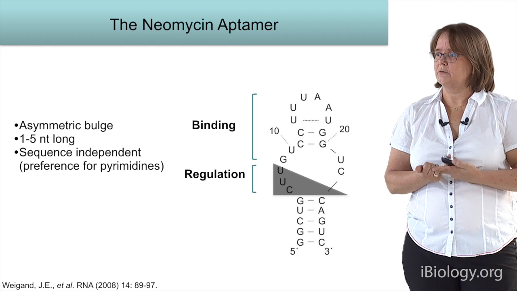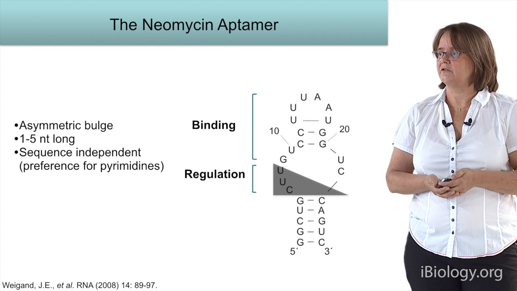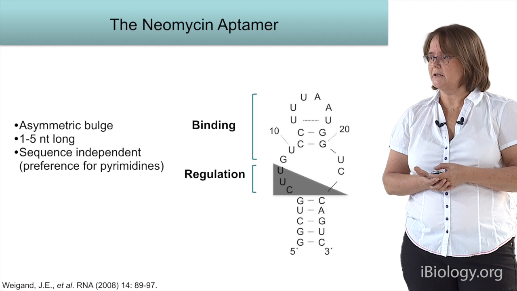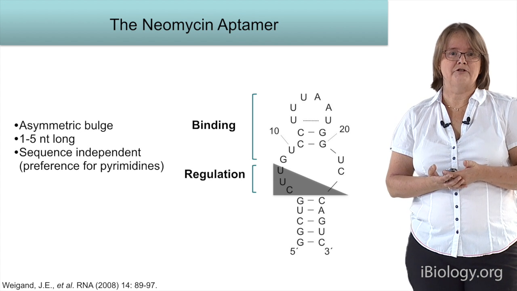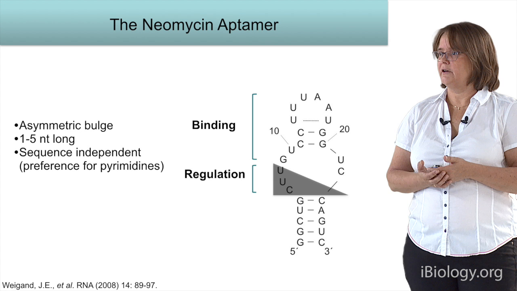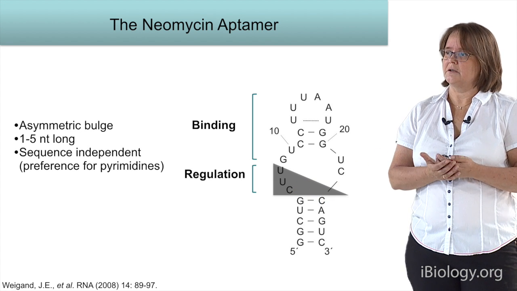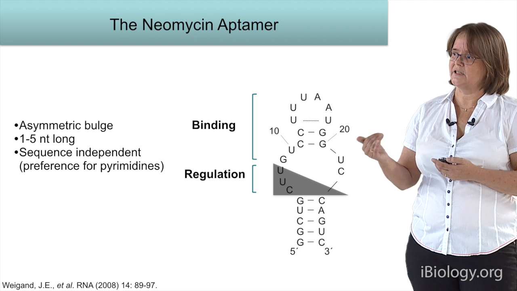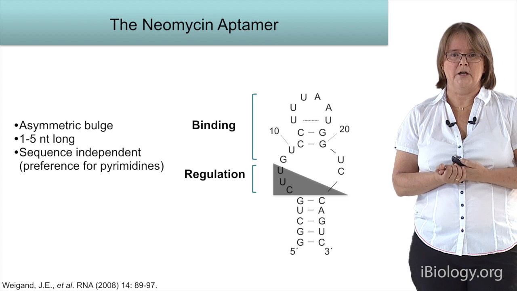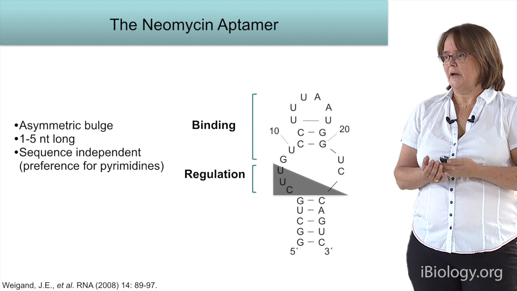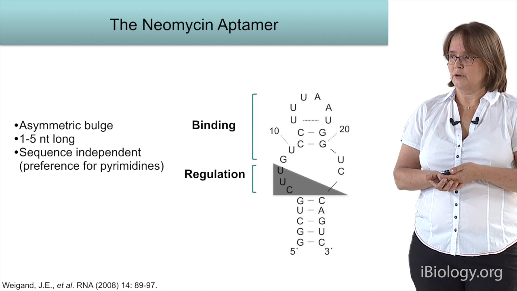And so we characterized this active aptamer, and we could show that the upper part is important for the binding of the ligand. However, we could identify here a small element, we call it asymmetric bulge, so some nucleotides on the left side of the aptamer, which we identified as important for regulation.